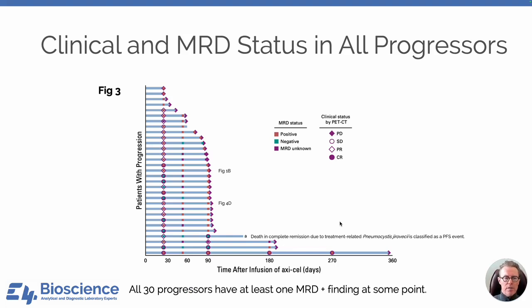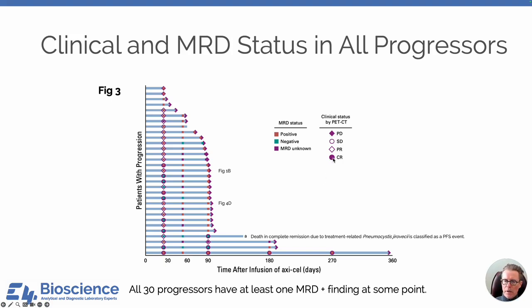Okay, so this is a swimming lane plot of the clinical status and the MRD status in all progressors. Now, I want to highlight again, these are all the progressors. So these are the people that an event has happened. And I really like these kind of charts because it's kind of how the physician gets to see the patients. Let's just take a look at this bottom one because it's very easy to point to.